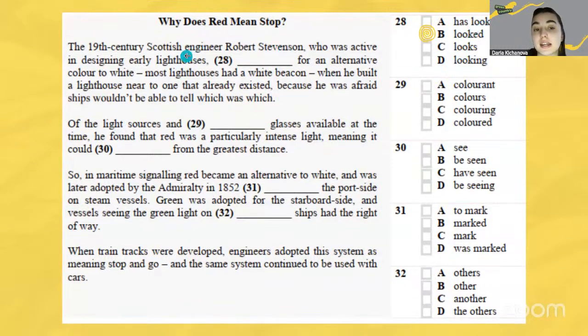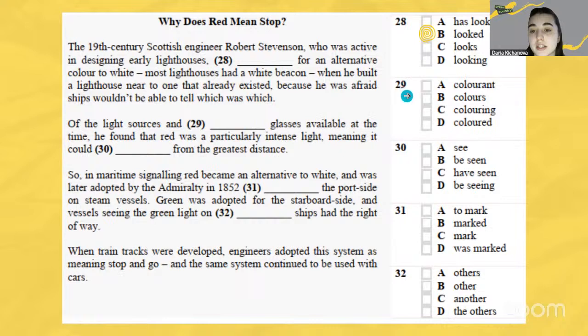So he did it in the past. We don't have any relation to the present. So we don't have any result that is visible here. We just want to talk about the past. So he looked for an alternative color to white. Okay, so there we use past simple.